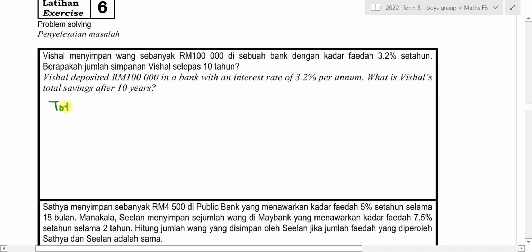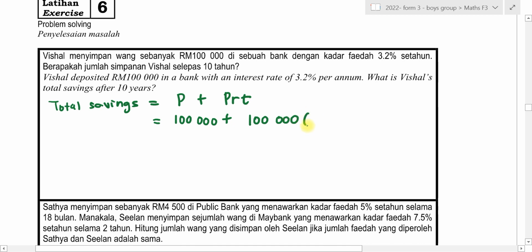So total savings is equal to P plus PRT. So the principal is 100,000 plus 100,000 times the rate. Haridev, change 3.2 into decimal. 0.032. Good. And the time is 10 years. Okay, so how much is the answer?